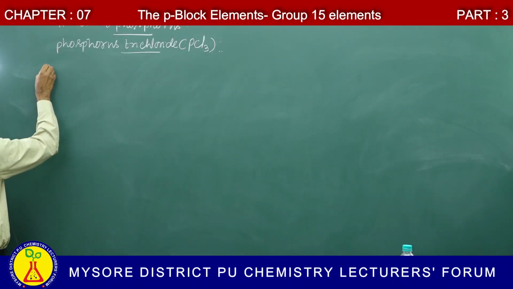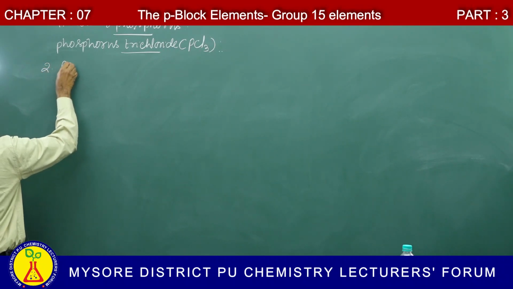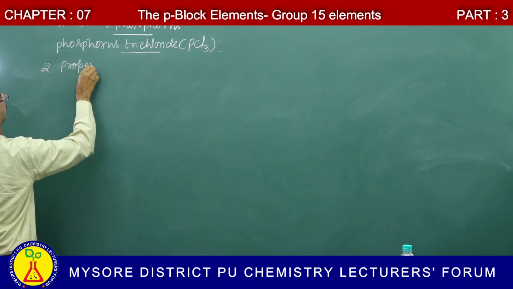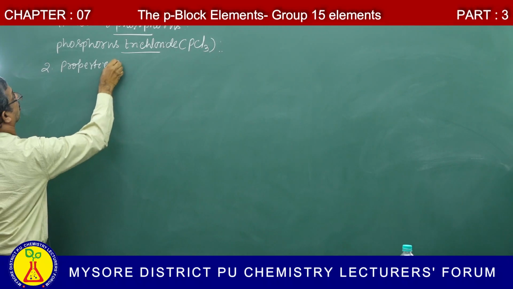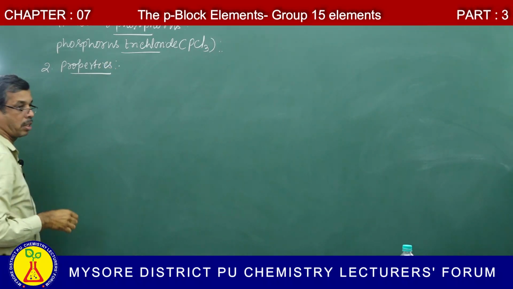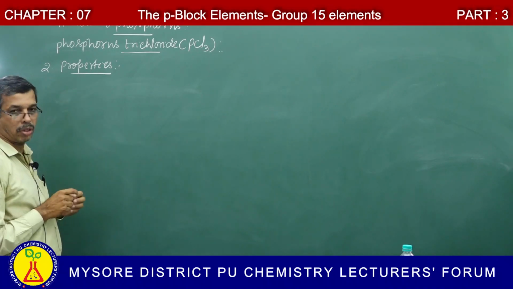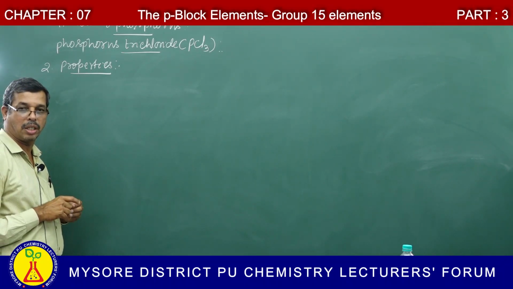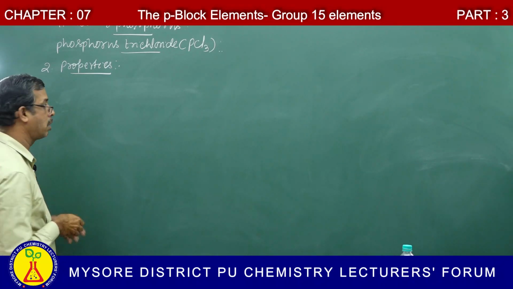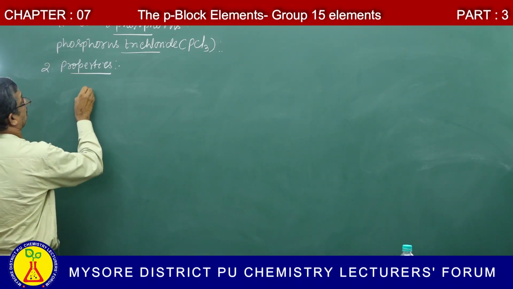Now, the properties of phosphorus trichloride. Phosphorus trichloride is a colorless oily liquid and hydrolyzes in the presence of moisture.